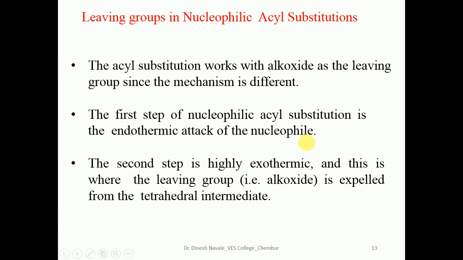So this is the main reason why the alkoxide ion acts as a good leaving group in acyl nucleophilic substitution. The major reason is the formation of the tetrahedral intermediate, because the first step is endothermic and the second step is exothermic.